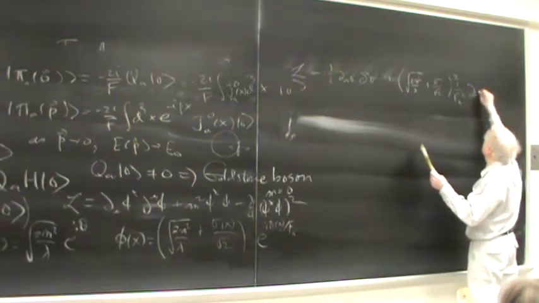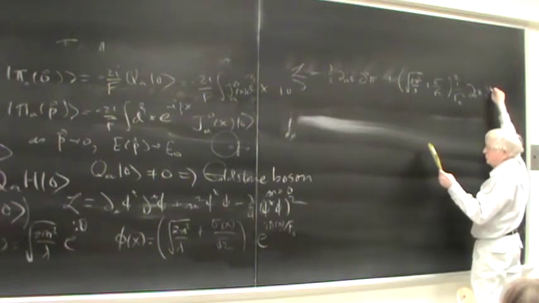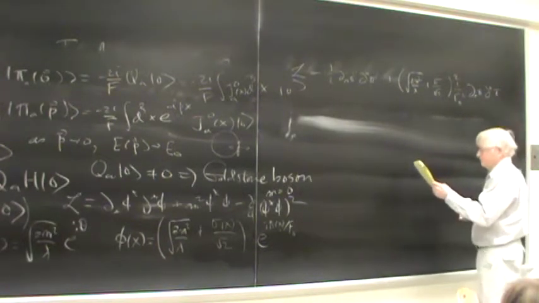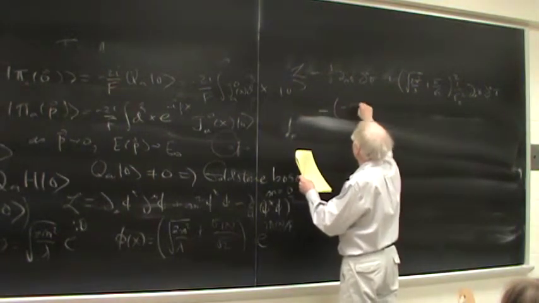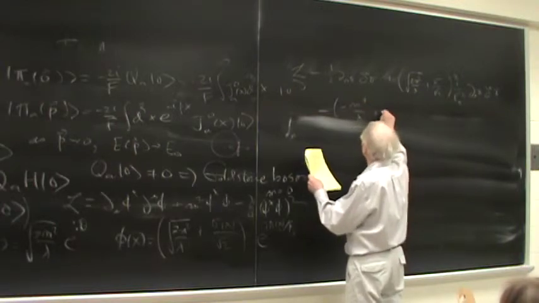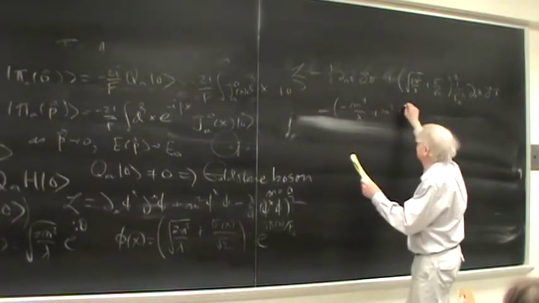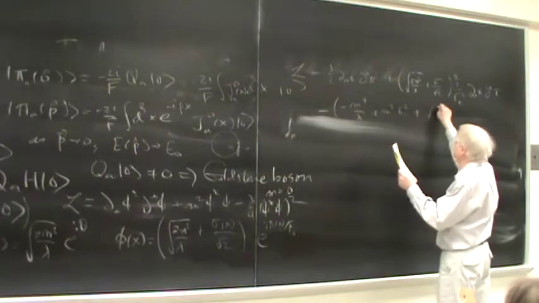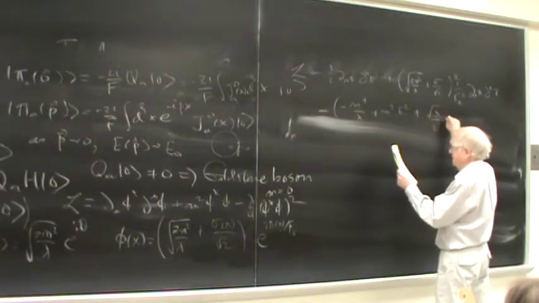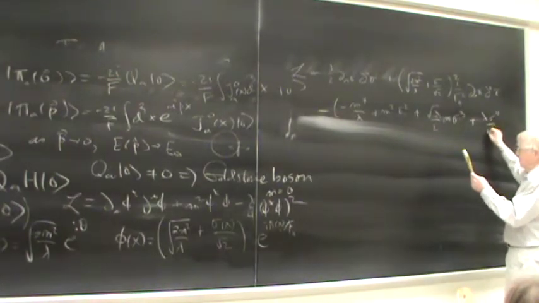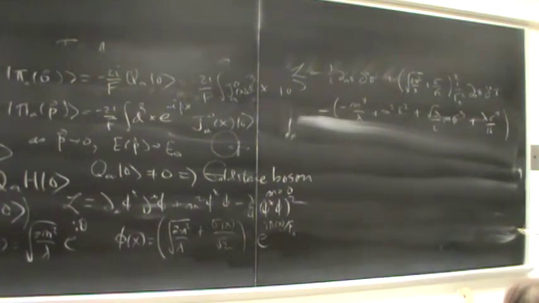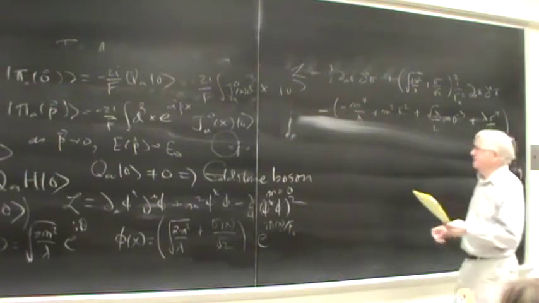And then other terms are minus m⁴/λ plus m²σ² plus √λ/(2m) σ³ plus λσ⁴/16. Okay, so that's what we've got.